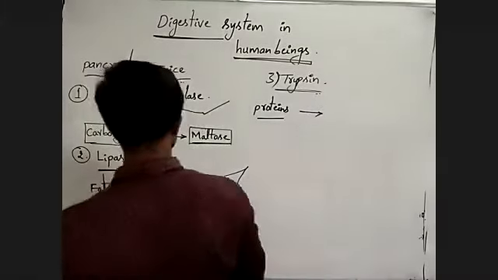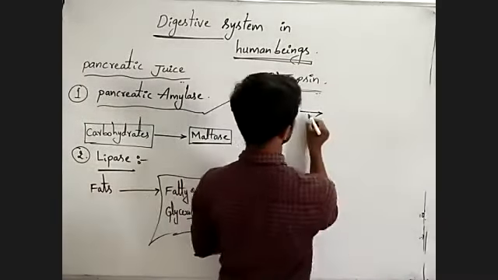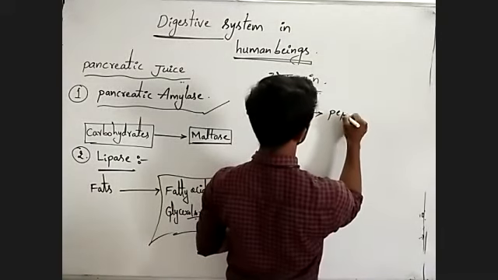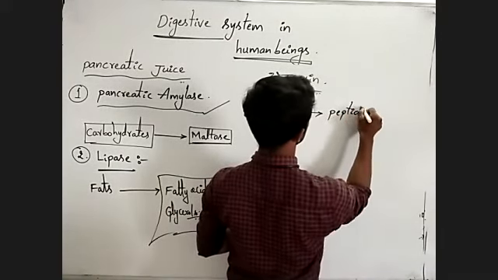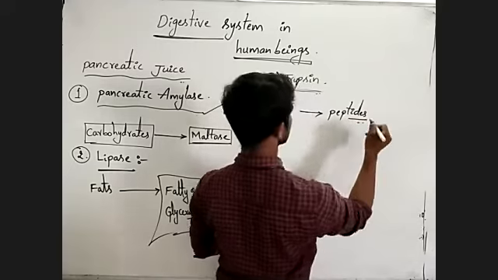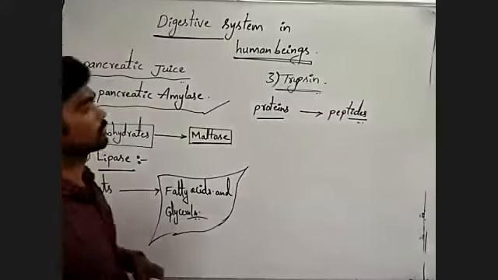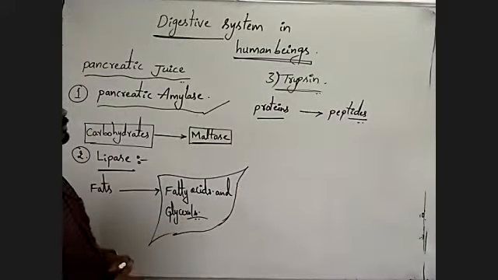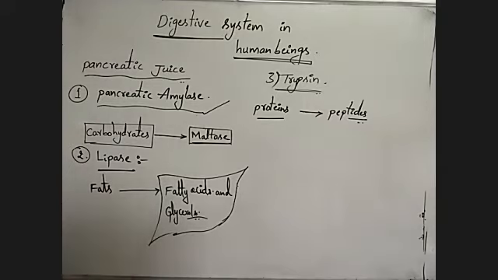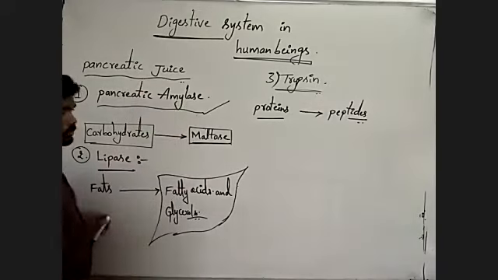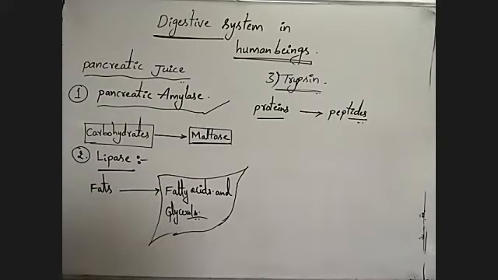Instead of amino acids, peptides are formed. These are three types of enzymes present in pancreatic juice. Observe once.